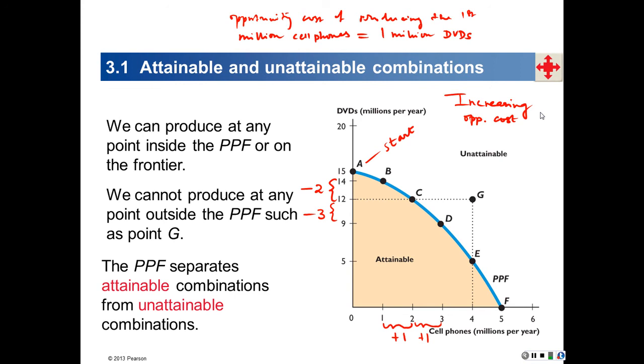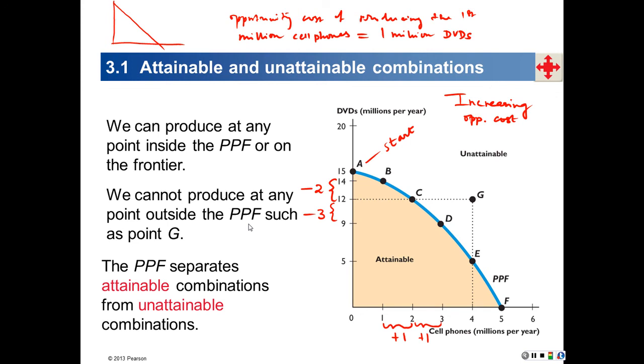And to make sure that you understand that, let me contrast this with a straight line PPF. Let's say the PPF were a straight line like that. Now with a straight line PPF, isn't it kind of intuitively clear that the opportunity cost of producing an extra million cell phones would always be a constant number? Right?